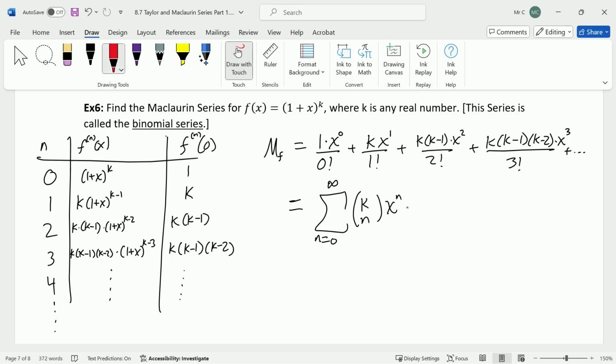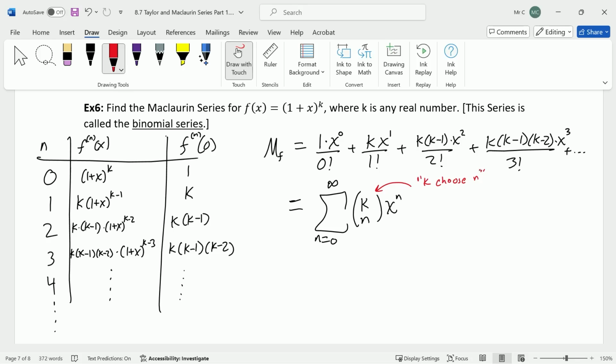So this symbol here that looks like a bracket with k stacked over n is read k choose n, and it's read that way because the formula that it's describing is a formula from probability or statistics about choosing a certain number of objects from another pile of a certain number of objects.